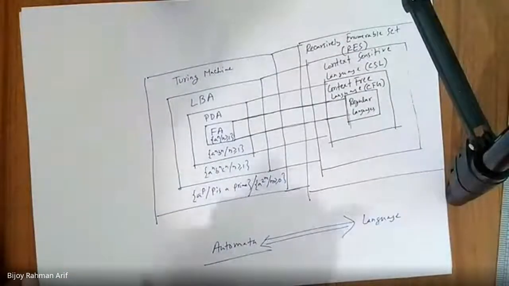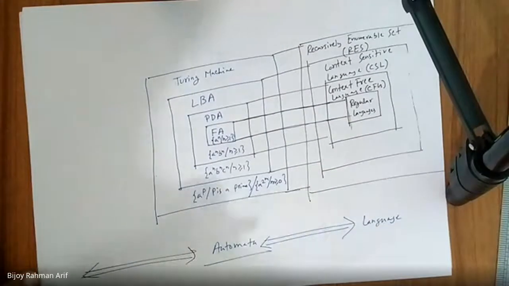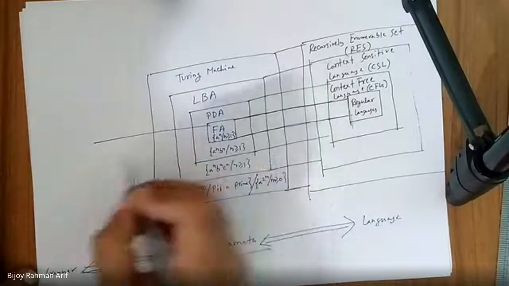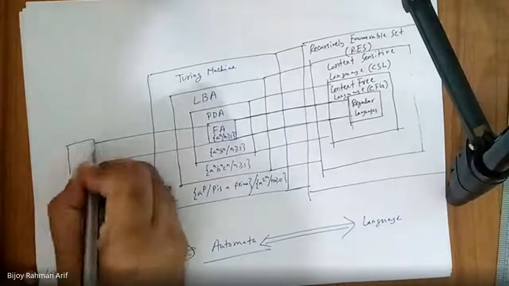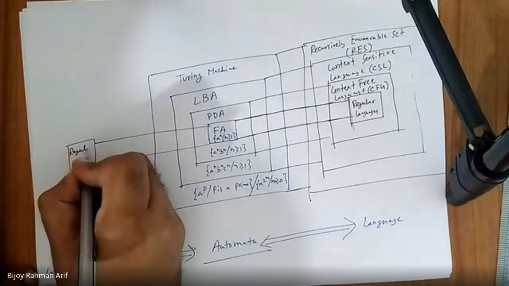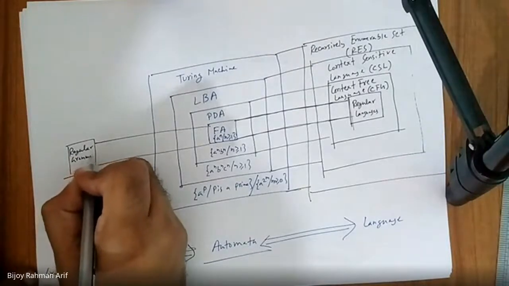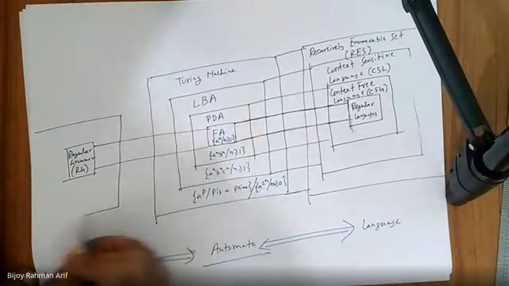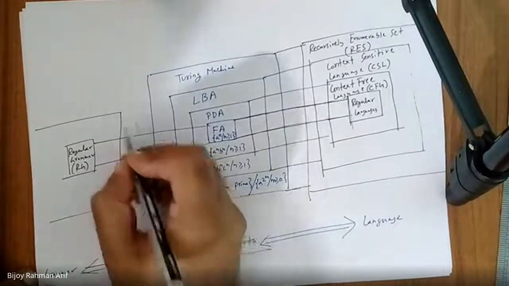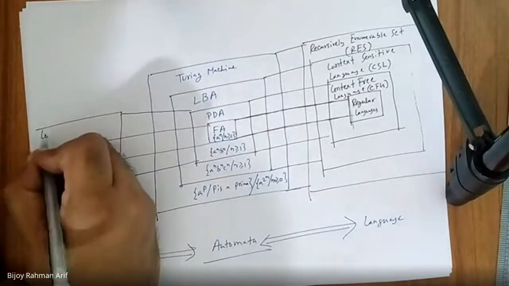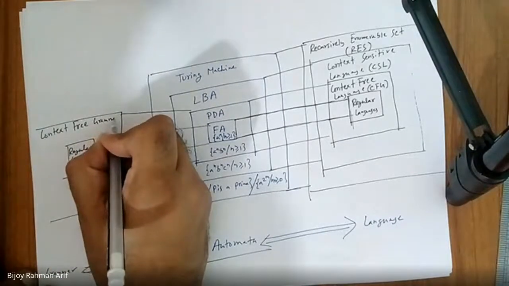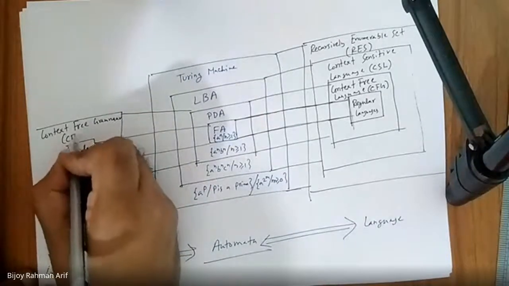Each automata has an equivalent grammar. The grammar accepted by finite automata is called regular grammar, or RG. The grammar accepted by pushdown automata is called context free grammar, or CFG.